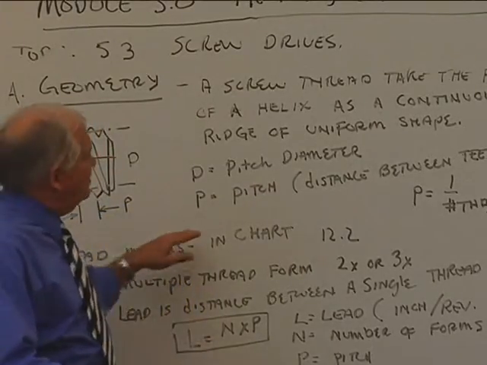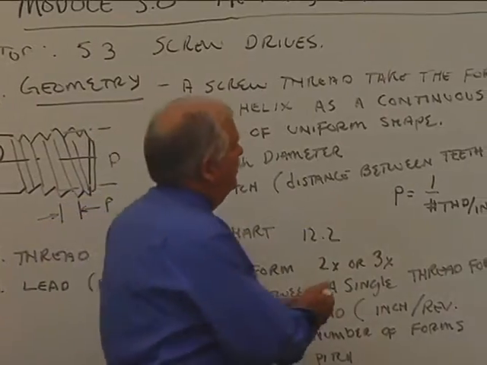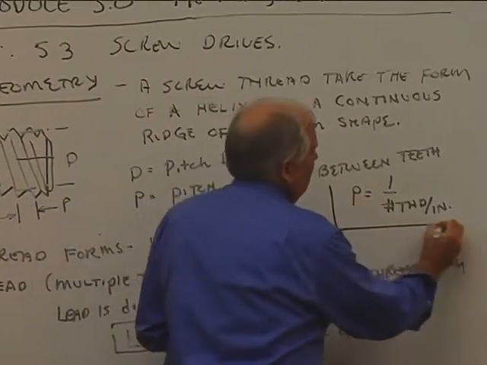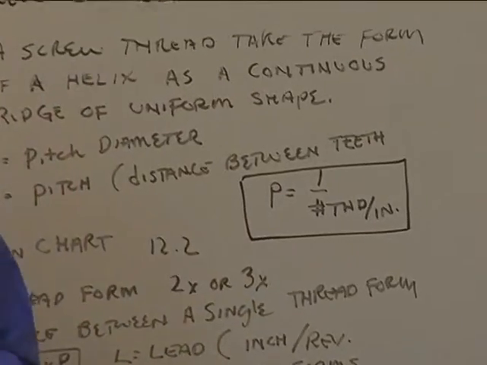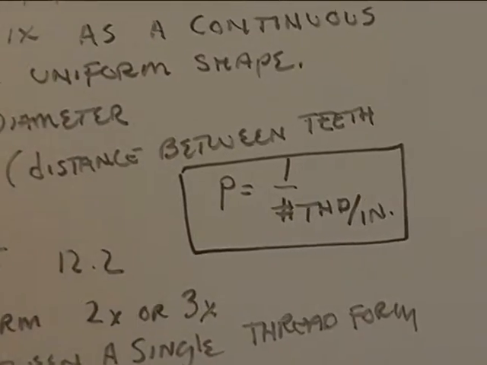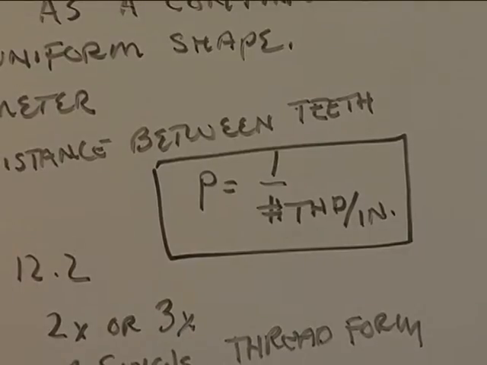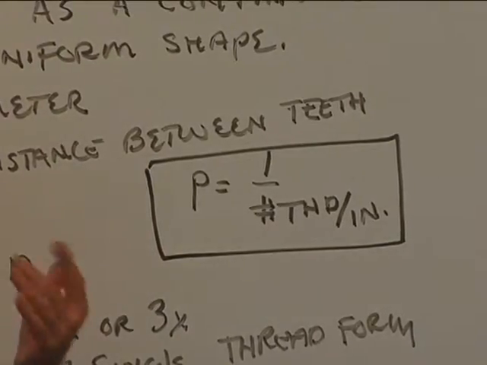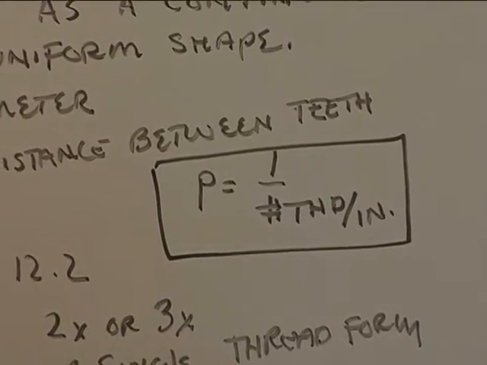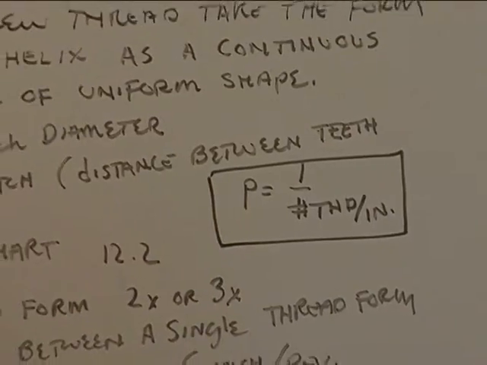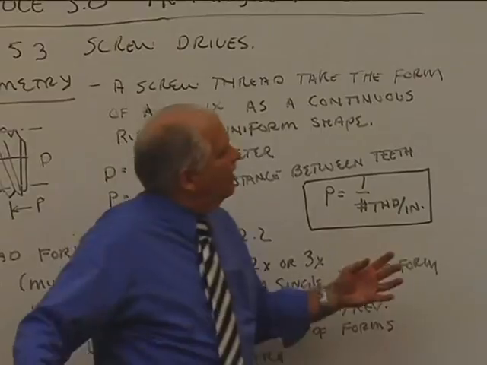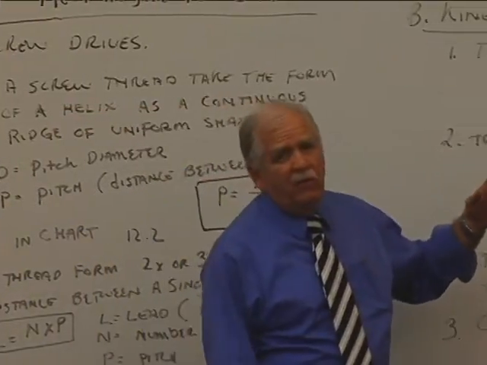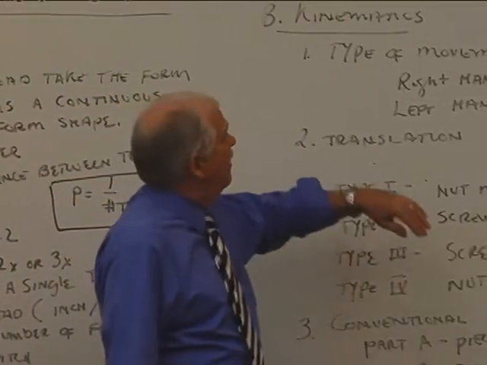Now, pitch, if you want to put it into a formula, is equal to 1 over the number of threads per inch. So if you have a multiple thread, then you're going to have a longer lead. Once you realize these two important characteristics, let's take a look at a couple of things that we should know about threads as they're used for transmitting power.